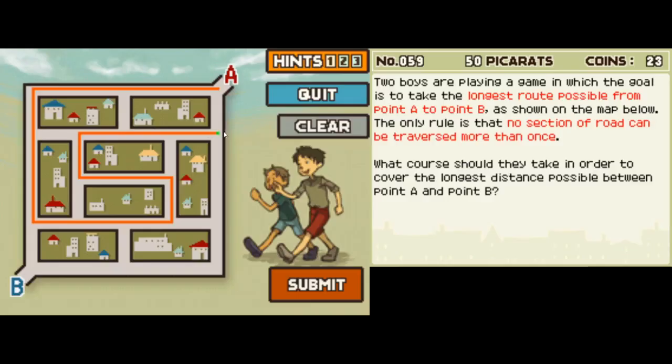Oh, I got it. Go down here. I hope that's right, because keep in mind that they want to take the longest route. That's basically the whole point. So let's hope that is correct. Here's my answer.